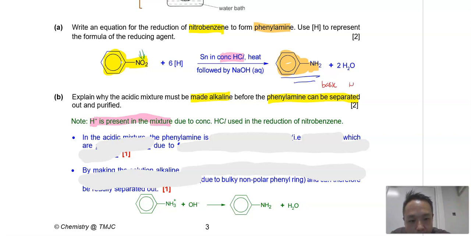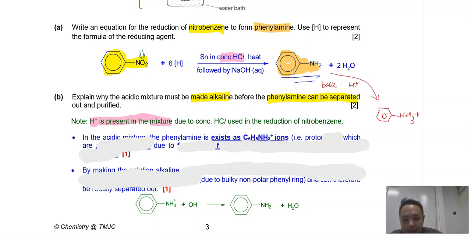So with the presence of H plus, it will form the protonated form of phenylamine, that means the NH3 plus. Okay, so in the acidic mixture, phenylamine exists as the NH3 plus ion, the protonated form.